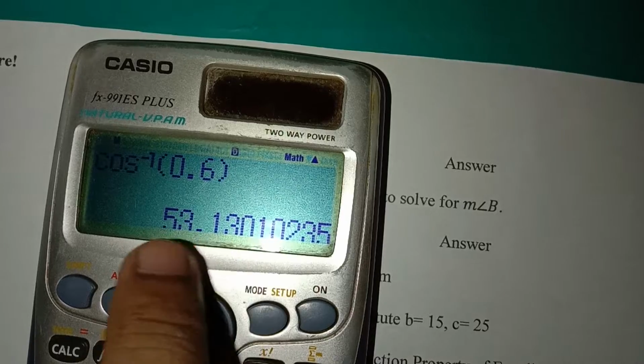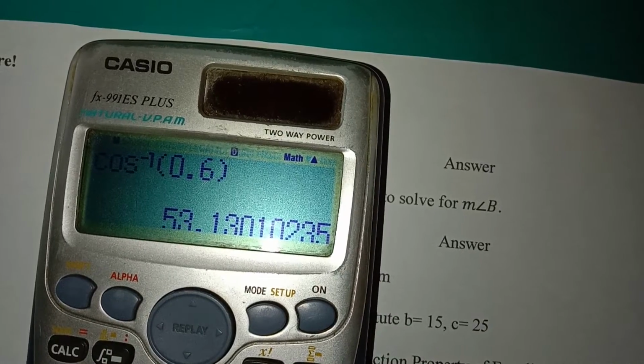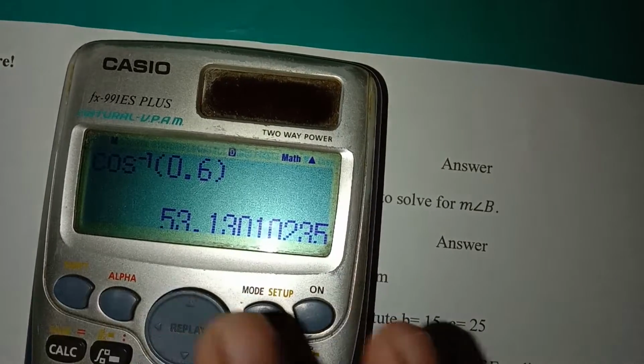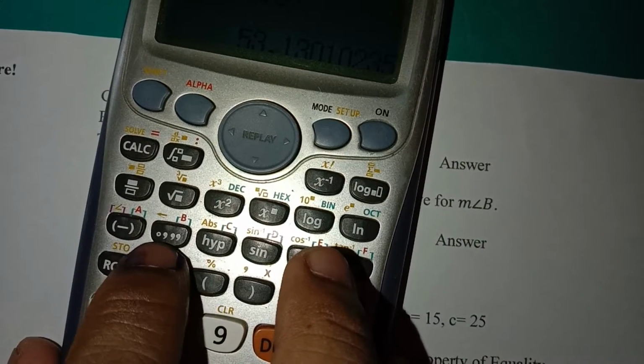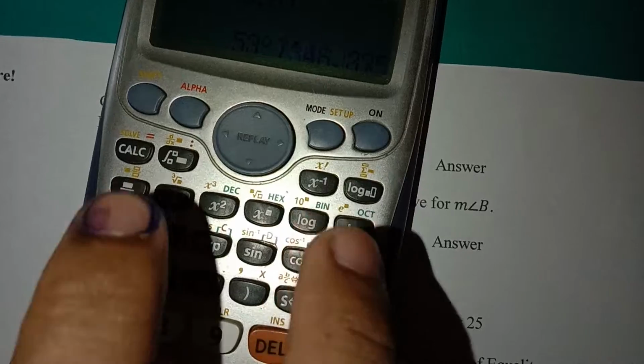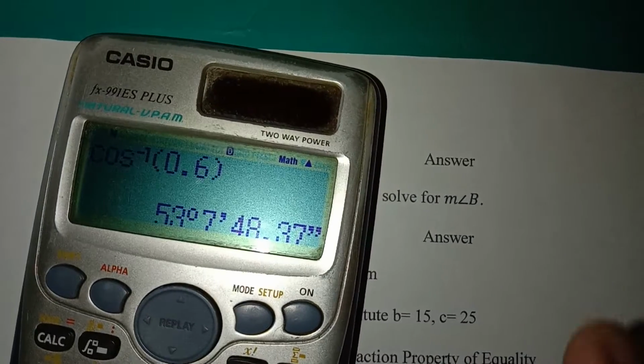After that, convert this into degrees, minutes, seconds. The measurement should be in angles. You will see the sign, a circle with 3 commas. Press it and that will be the answer.